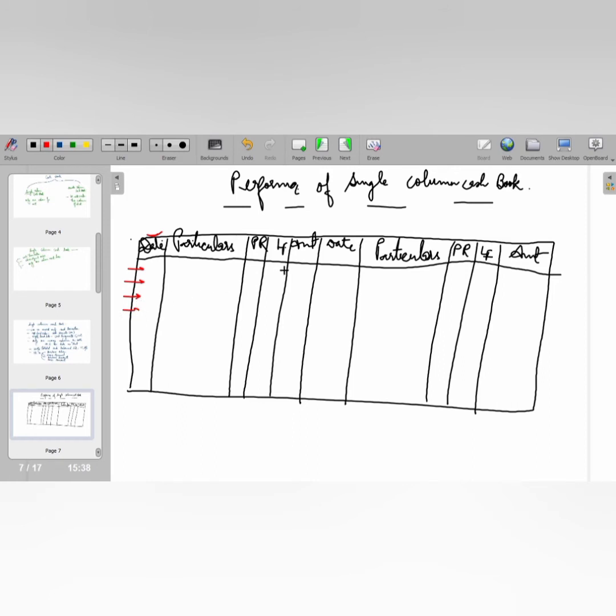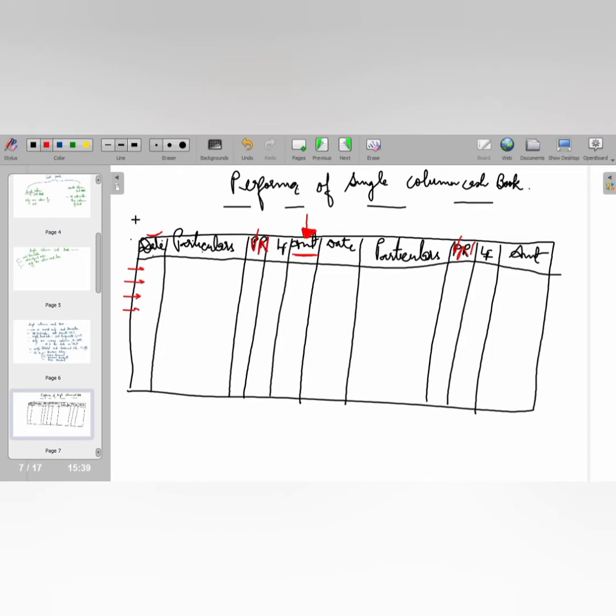And one column means only one column of amount will exist here. You can see that there is only one column of amount. As it is the T form of account, first we write date, particulars, VN, LF.